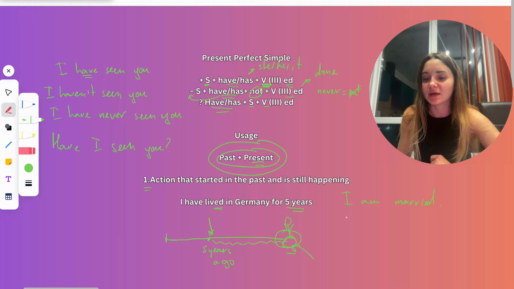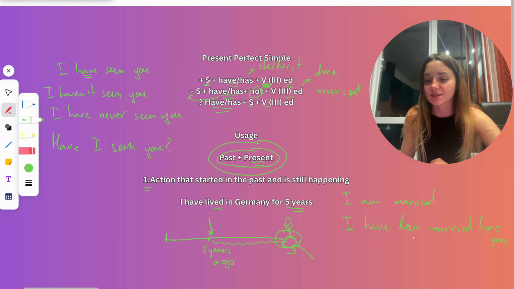If they say I have been married, it's also sad. They will probably say 4-5 years, for instance. It's still pretty bad, because present perfect combines the past with present. So it means that they were married in the past and they are still married.